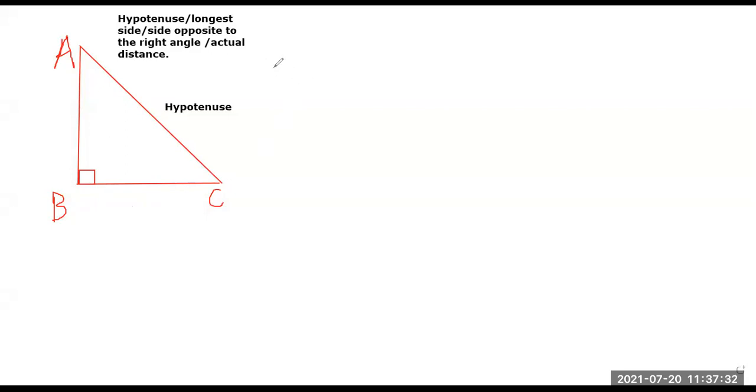So the question that I asked is, what are the names for these two sides? Their names keep changing. They just get reversed, based on the angle that is being observed. Like the situation we discussed: a girl is standing on the balcony or watching the air balloon from the ground, and a person is standing in front of the minar and watching the top and bottom of the minar.